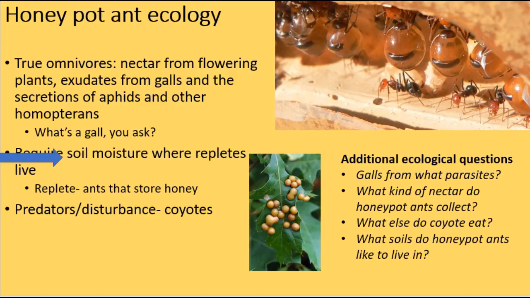Okay, I did a lot of research to complete the food web, I couldn't find a lot of evidence for predation on the honeypot ants, except that coyotes and badgers have been observed tearing into honeypot ant colonies.